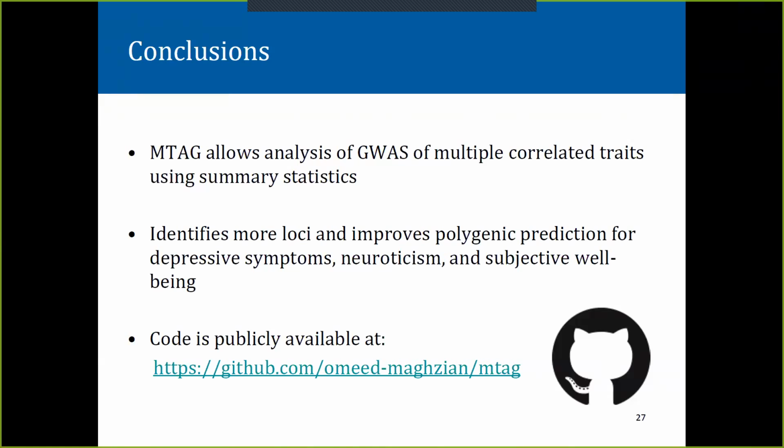To summarize this, I think it's a fabulous new method that's coming out here. It's highly thrilling, but obviously, and that's exactly what Patrick also emphasized today, it's not like you just put everything that you find as summary statistics together, run MTAG and publish it as it is, right?